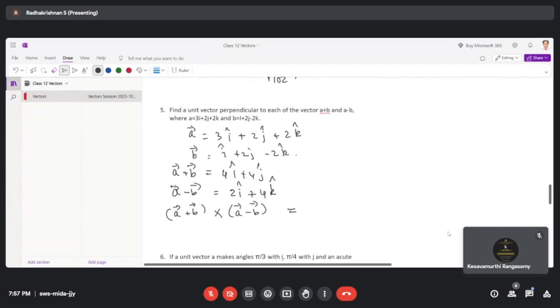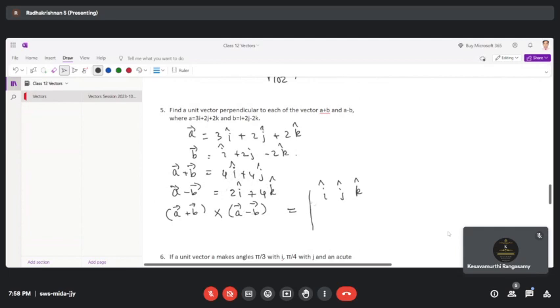So what is the formula for a plus b cross a minus b? I, J, K. So you put I, J, K there and write down a plus b and a minus b.